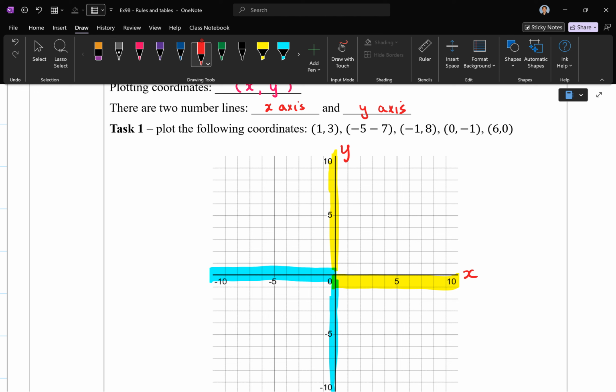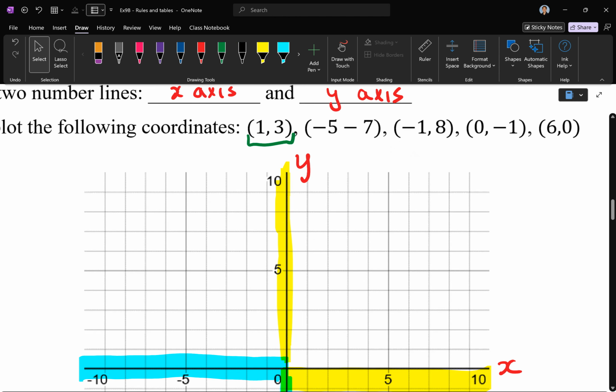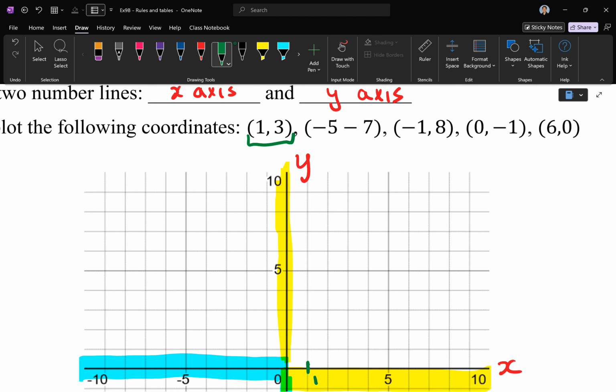So here's some examples. Let's plot in the coordinate for 1, 3. When they say 1, 3, what I'm actually doing is looking at the X number line first. That's the horizontal line. Look for 1. So here's 1. But then I need to look at my second number line, which is the Y-axis, and that's number 3. I count, on the Y-axis, it's 1, 2, and 3.